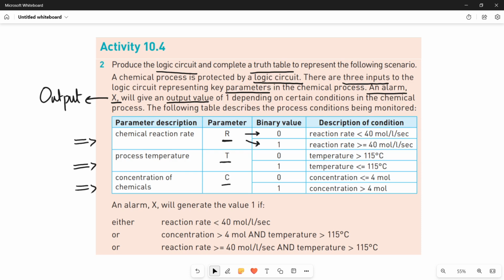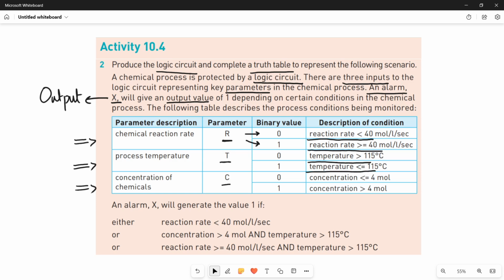Remember that if R is 0, it means that reaction rate is less than 40. So every value has a meaning. If the value of R is 1, it means reaction rate is greater than or equal to 40. Same for temperature. If it is 0, it means temperature is greater than 115, and if it is 1, temperature is less than or equal to 115.